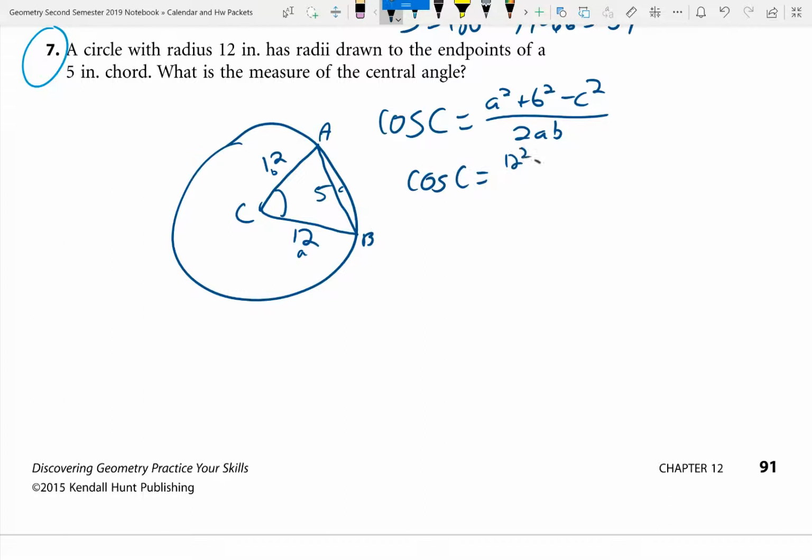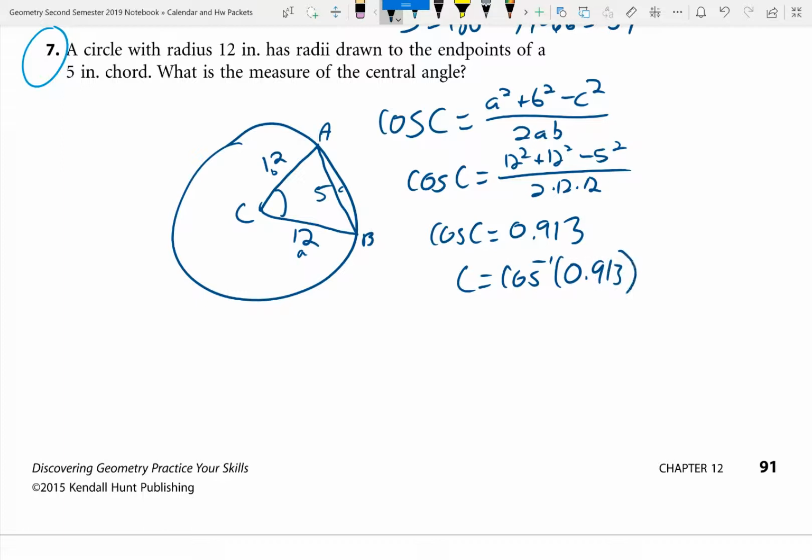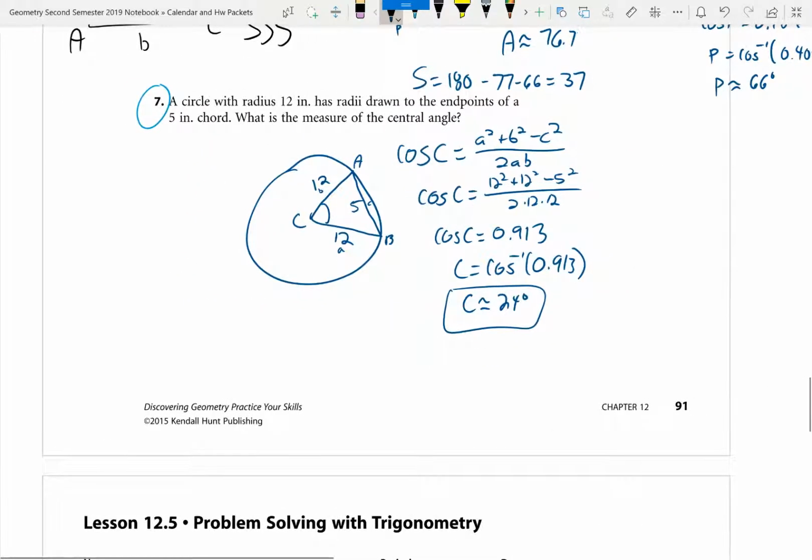That's going to be... So about 24 degrees. All right, that concludes that one.